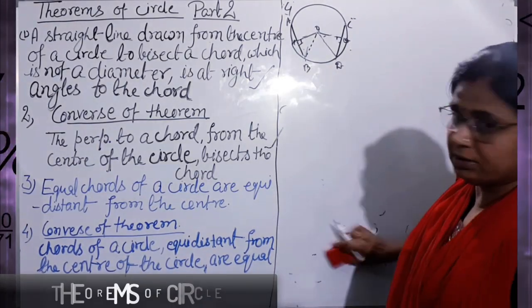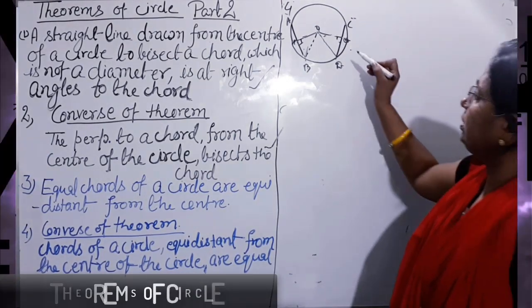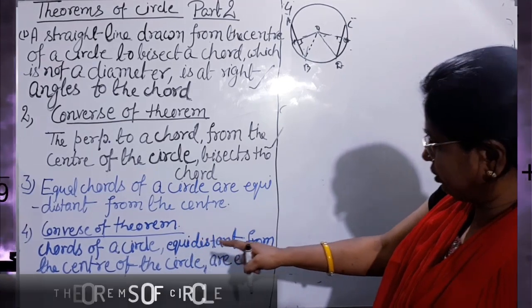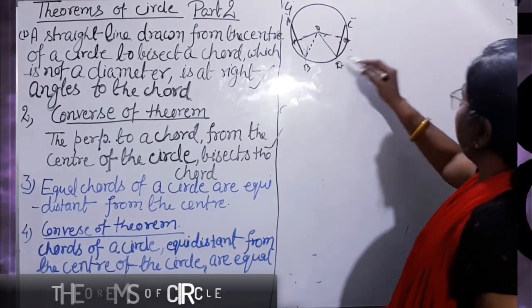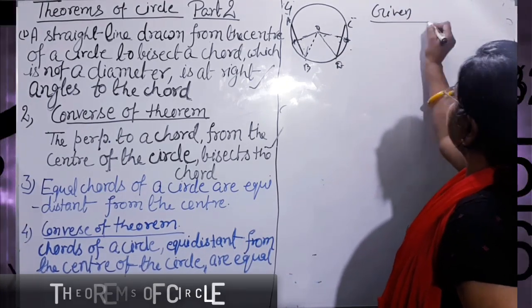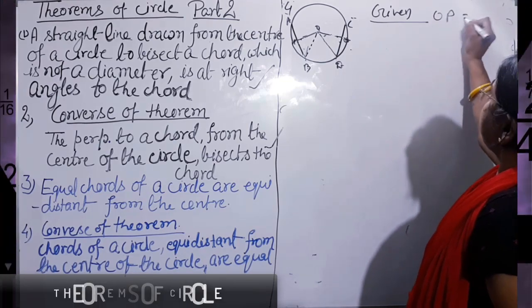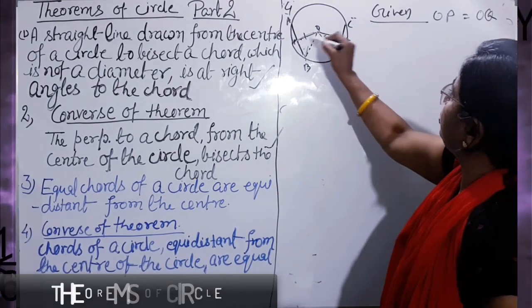What is given in the converse? You are given chords of a circle equidistant. OP is equal to OQ, given.